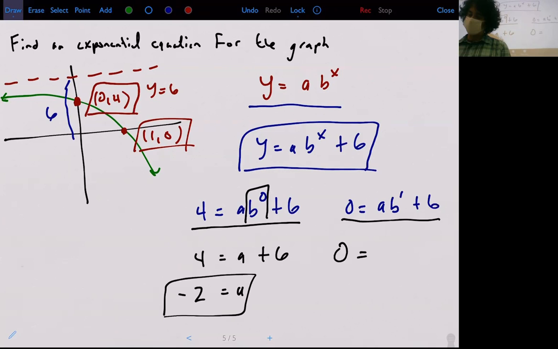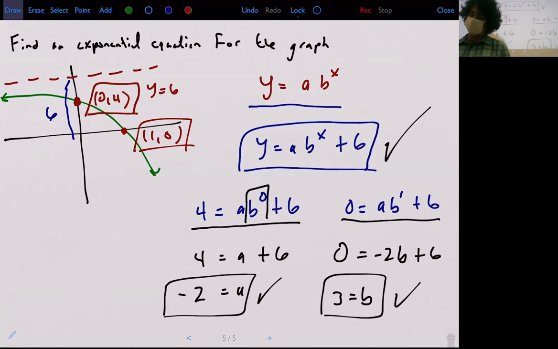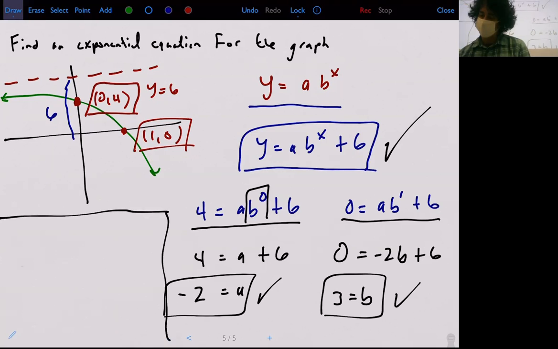We'll get 0 is equal to -2 times b plus 6. Solving for b, we'll get b is equal to 3. So we found our a value, we found our b. We just plug it back into this equation, and the solution that we're going to get is that y is equal to -2 times 3 raised to the x plus 6.